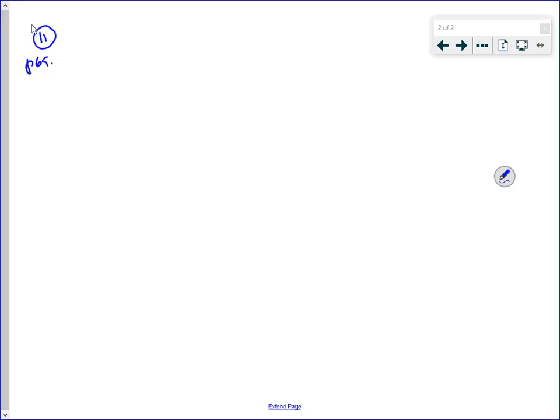Okay, so the DE we're looking at here is (y squared plus 2xy) dx minus x squared dy.